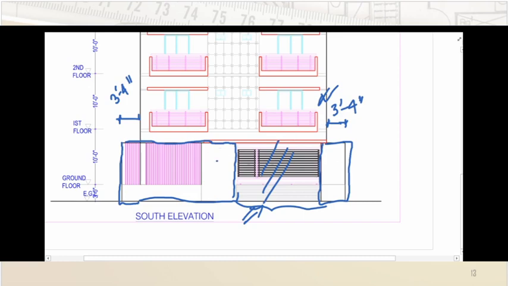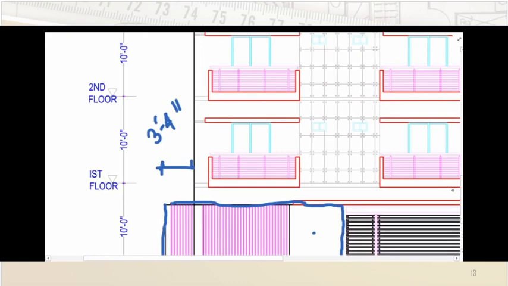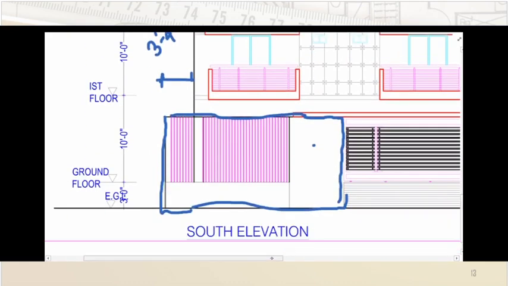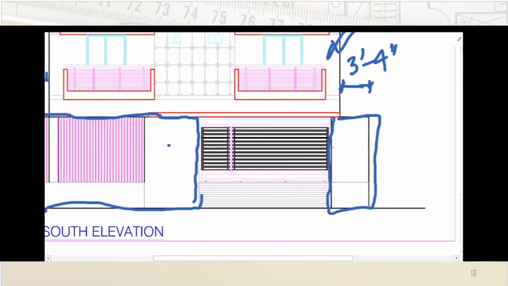So what is this? If we take a look over there, the closely spaced lines indicate the ramp, and this is a big sliding door. So any vehicle entering there will use the ramp and go through this whenever the gate is opened, sliding.